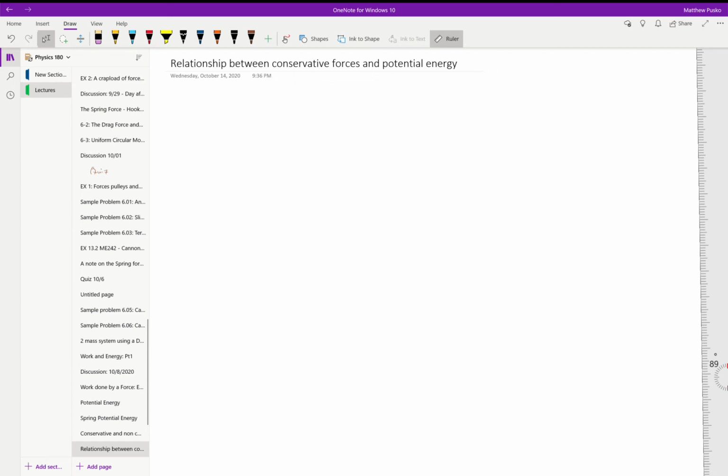Okay, so I just taught you that with a conservative force, the path didn't matter. It was path independent. All that mattered for the work was the initial and final coordinates.